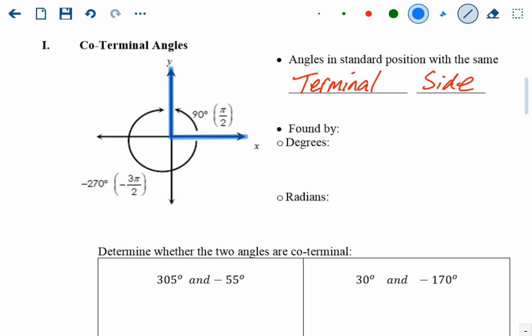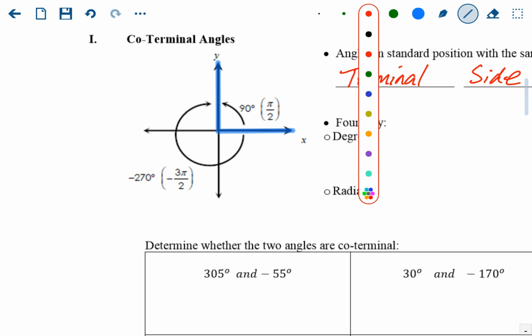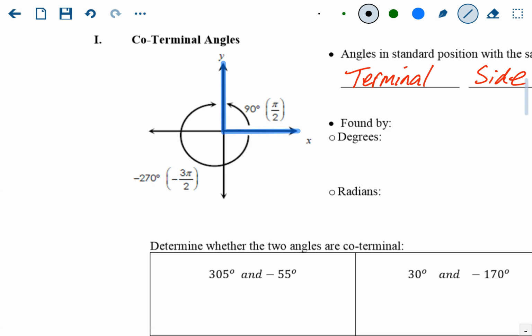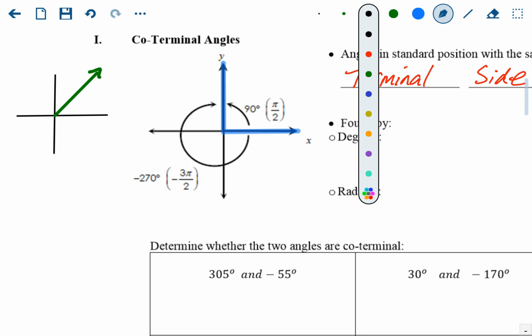Now, another way to think about this is, if we have an angle, so let's just draw an angle out here. Let's say that's our angle. Remember, when we mark these, we go from the x-axis to the angle.